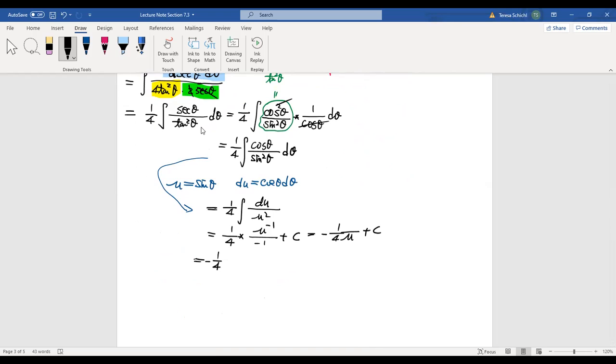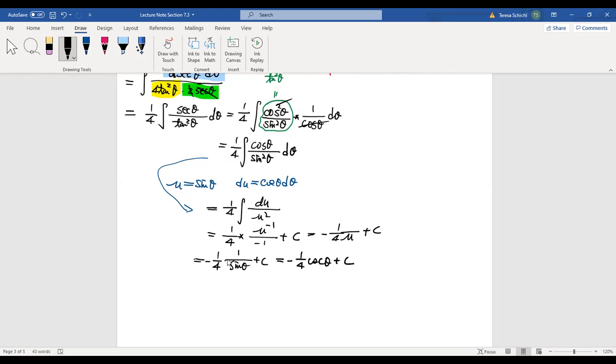So first, this is 1 over u. What is 1 over u here? It's 1 over sine theta. Now what is 1 over sine theta? It's cosecant theta plus C, right?